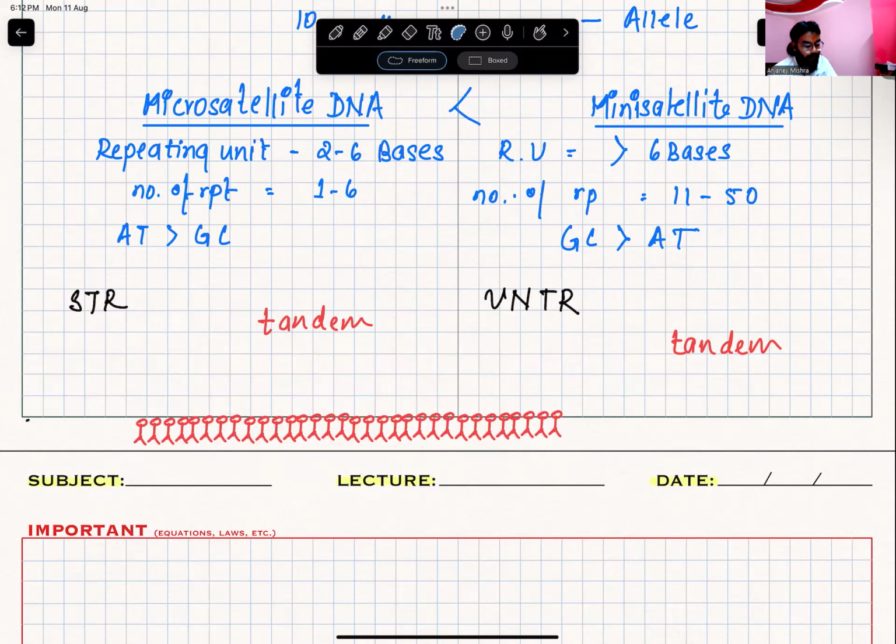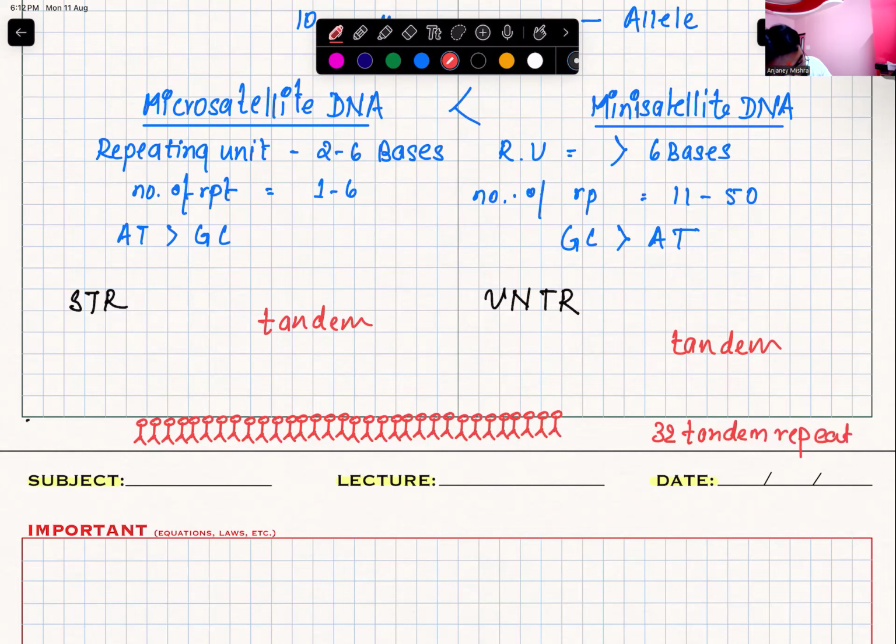Now, how many people are there? Let's count. 1, 2, 3, 4, 5, 10, 15, 20, 25, 30 and 32. So right now, if you ask me how many tandem repeats of the orange person there are, I will say 32 tandem repeats.